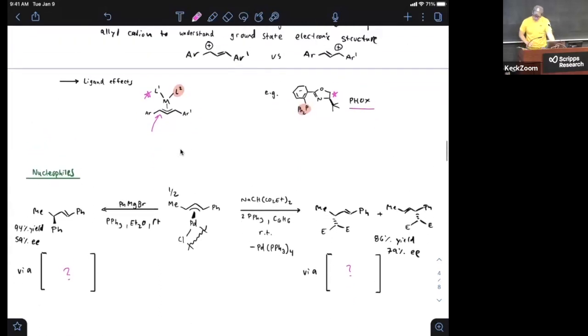Okay, let's talk about nucleophiles. We've talked about this regime on the right, which are the classical nucleophiles, the so-called soft nucleophiles.